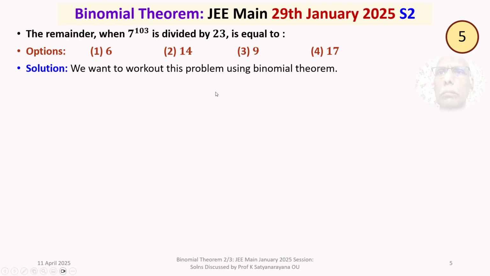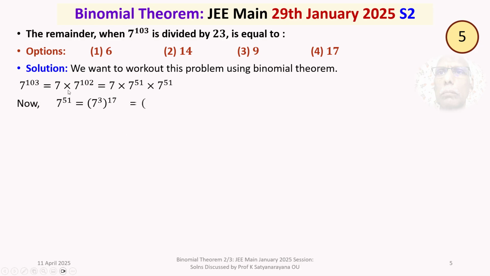We want to work out this problem using binomial theorem. Some students and teachers discuss the same problem using congruences in number theory, but my intention is to discuss this problem under binomial theorem. 7 to the power of 103 is written as 7 into 7 to the power of 102, which is 7 into 7 to the power of 51 multiplied by 7 to the power of 51.